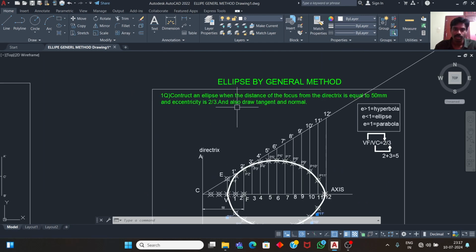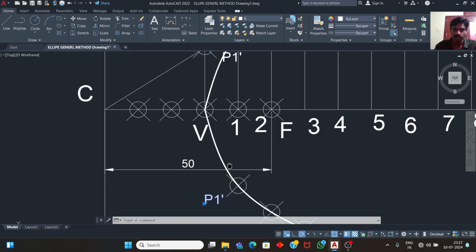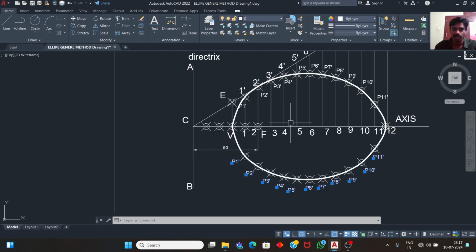Now we are going to draw the tangent and normal. For that we need to select any point on this curve.